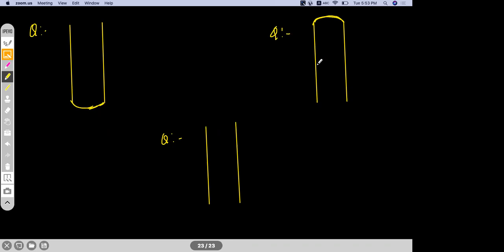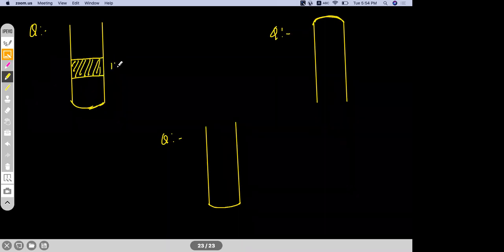This is open and up, open and down, and again open and up. So the question here is, we have 15 centimeter of liquid column here. 15 centimeter of Hg we have, and here some gases are trapped.